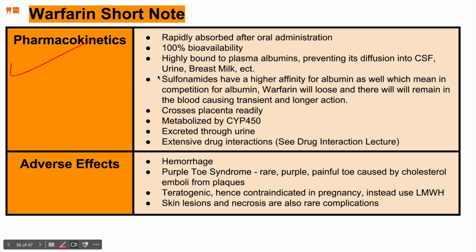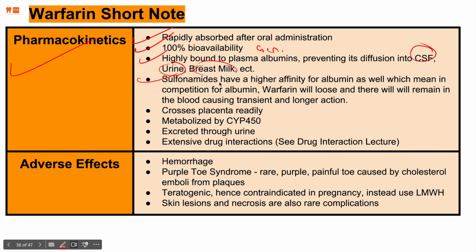Pharmacokinetics of warfarin. Rapidly absorbed orally, 100% bioavailability. You can check out our general pharmacology lectures for more details on bioavailability and plasma protein binding. Highly bound to plasma albumin, preventing its diffusion into cerebrospinal fluid, urine, and breast milk.